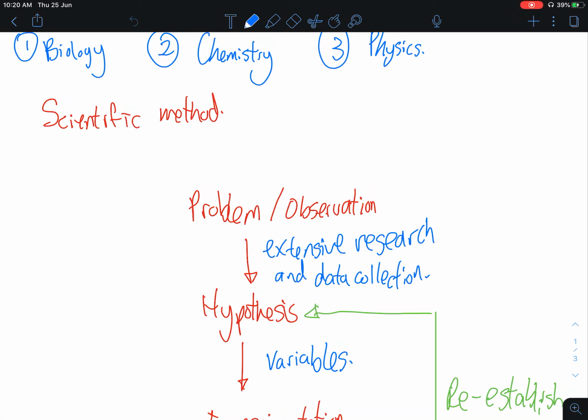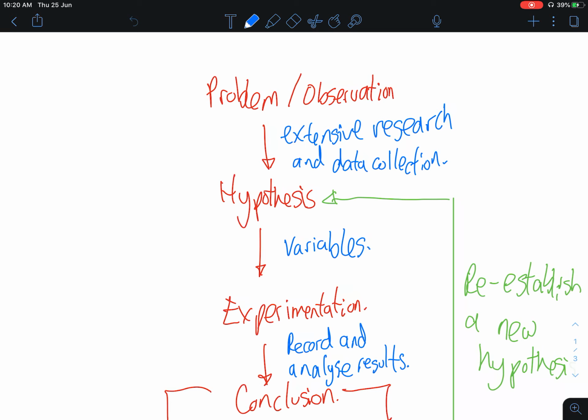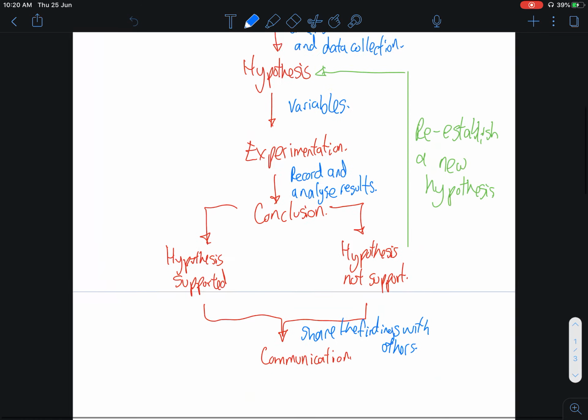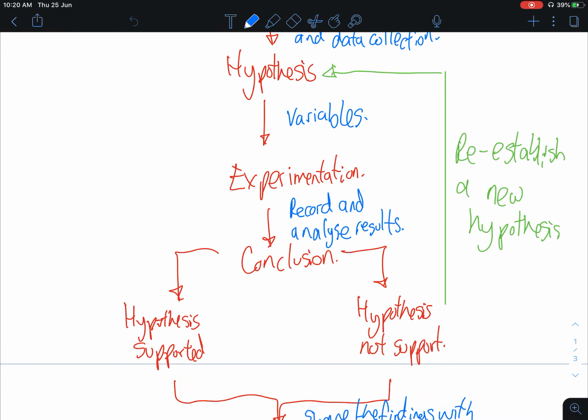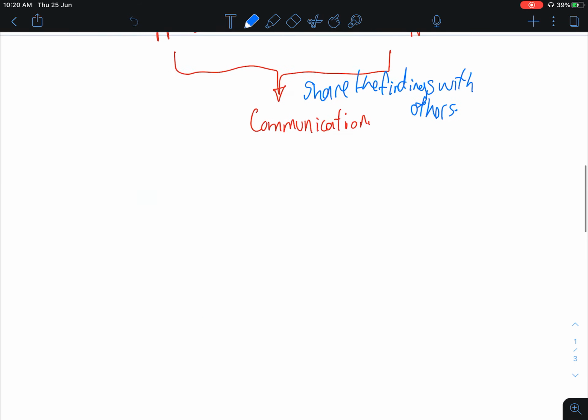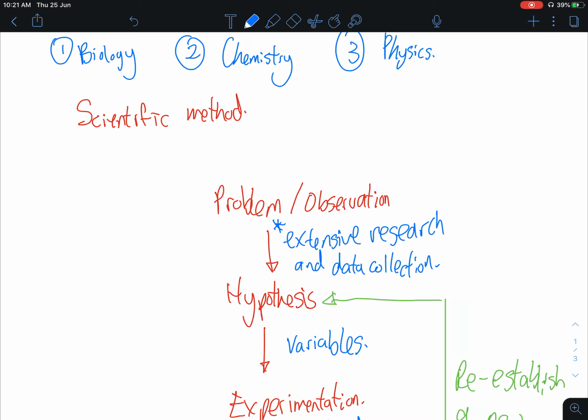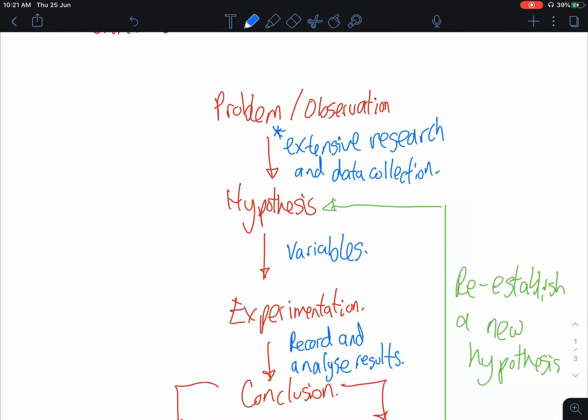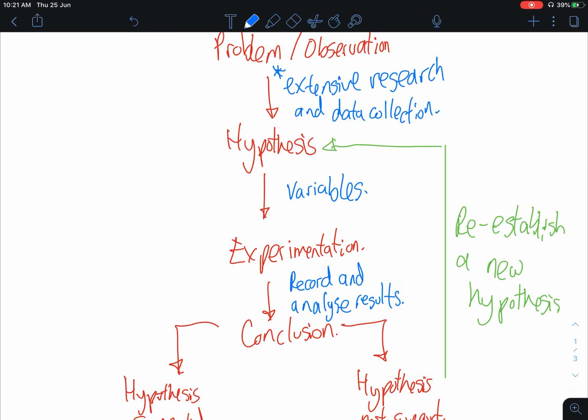So that is how we use extensive research to further understand our problem or observation to come up with a relevant hypothesis. If you do not do this research portion, the hypothesis will be all around and eventually you will always be stuck re-establishing a new hypothesis. So this step is important. Doing proper extensive research to form your hypothesis helps you reduce the number of times you come out with a new hypothesis, as every step requires time, a lot of money and effort.